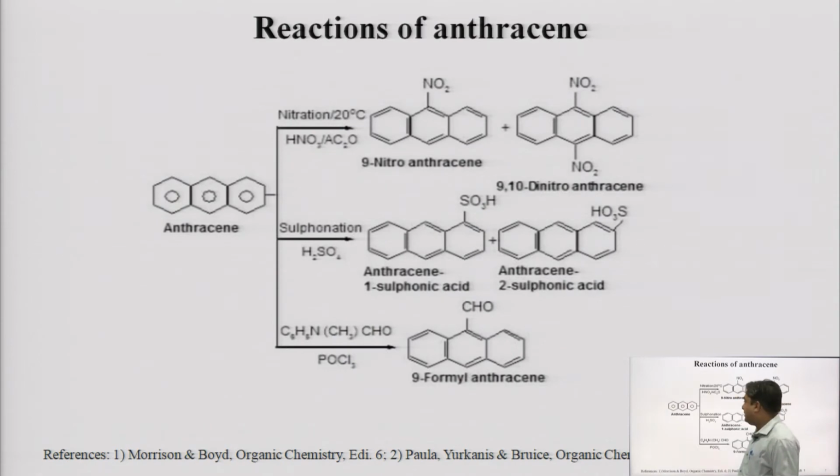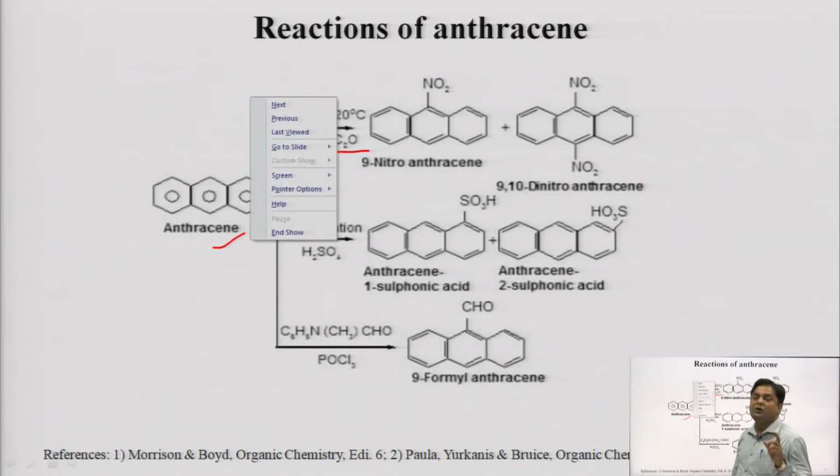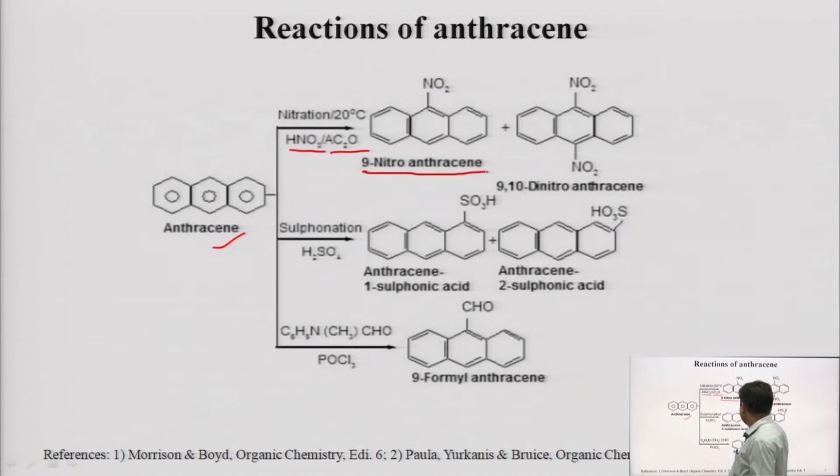Now, coming to the nitration reaction. As you can see, when anthracene reacts with concentrated HNO3 in the presence of acetic anhydride, and the temperature remains 15 to 20 degrees centigrade, we get the mononitrated product 9-nitroanthracene along with dinitroanthracene.